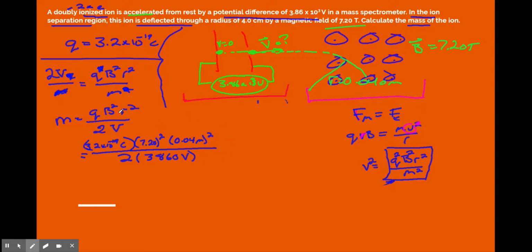All right, biggest thing is I got the squares right before I do any calculations: q, B squared, r squared, over 2 times the voltage. And we get an answer of 1.19. We'll put 2 significant digits, probably appropriate: 1.2 times 10 to the power of minus 23 kilograms.